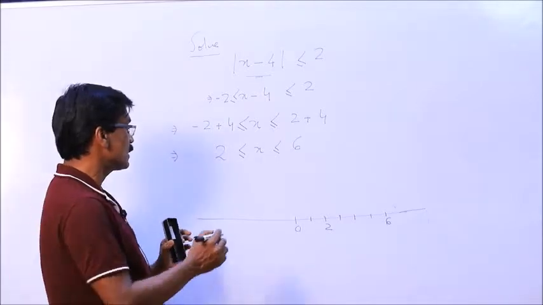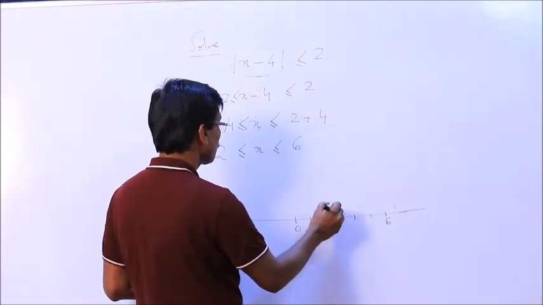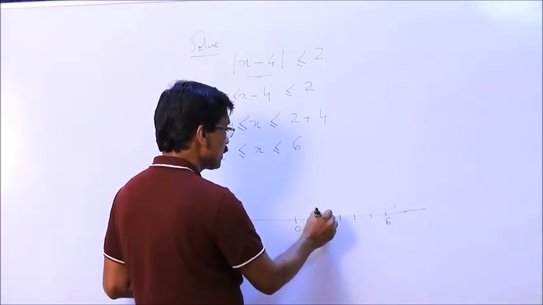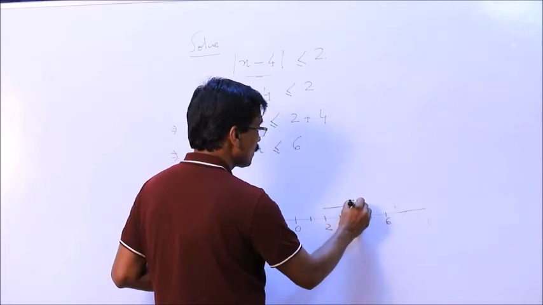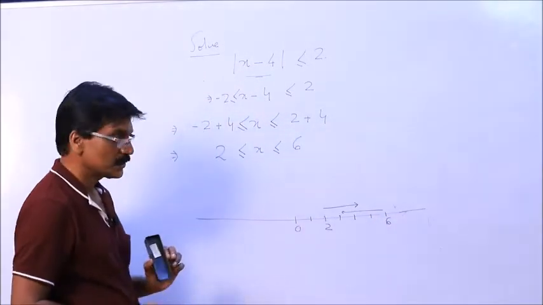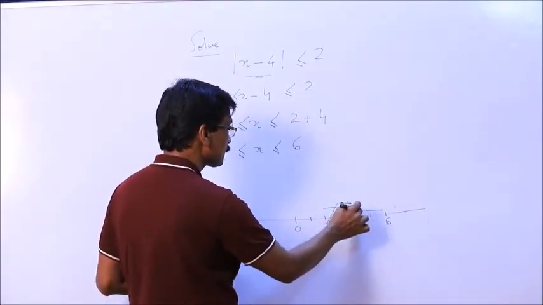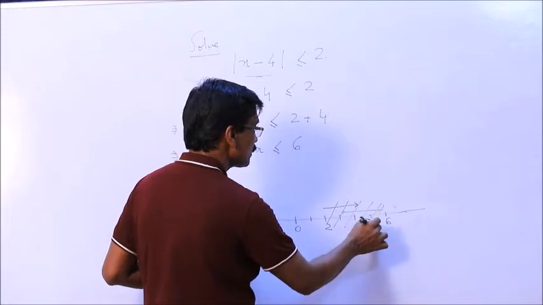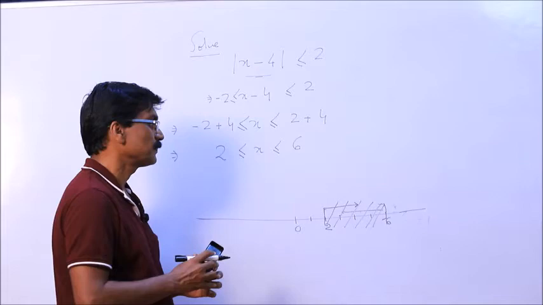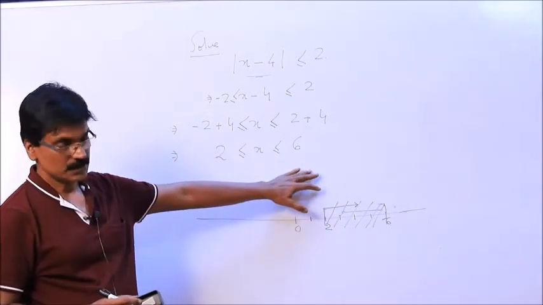So, x is greater than or equal to 2 and x is less than or equal to 6. The common region is our solution region. So, the solution region lies between 2 and 6.